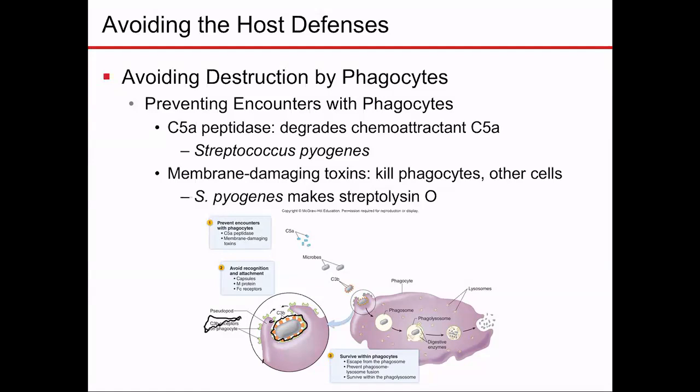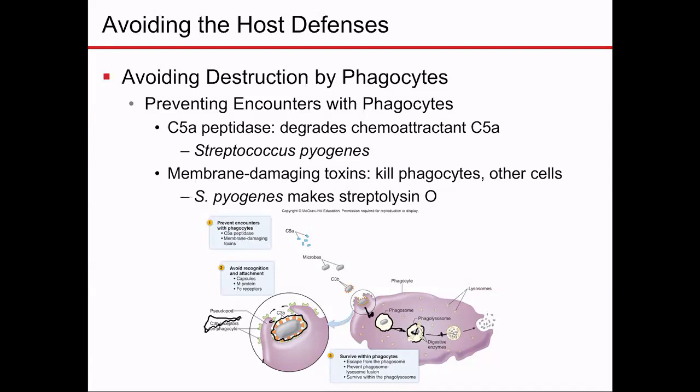And now it's going to be taken inside of the cell, inside of this phagosome, and the phagosome will fuse with lysosomes. And normally, after those lysosomes are fused and they start to deliver these digestive enzymes and these reactive oxygen and nitrogen species, that will destroy the pathogen there, right?